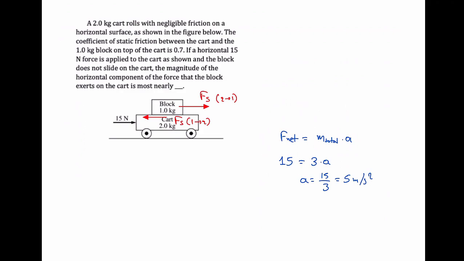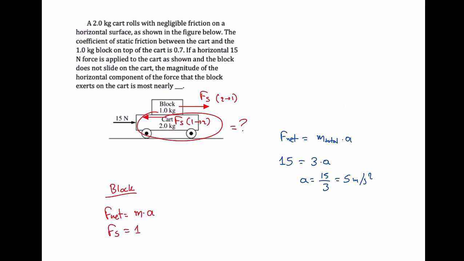And so we need to find the force that the block exerts on the card. So technically the question is asking for this force. However, it is easier to work for the block and say that the F net on the block is equal to mass times acceleration for the block. The F net is the static friction from 2 to 1.